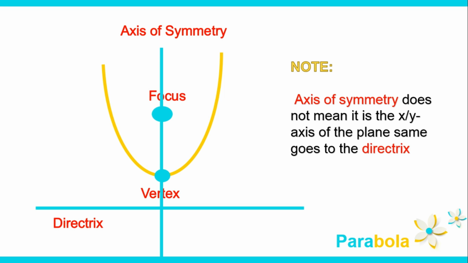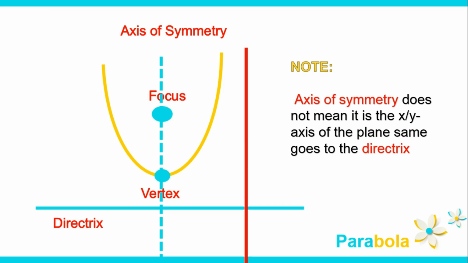So dili tanang panahon nga ang axis of symmetry o ang directrix kay mao jud ang x o y axis sa Cartesian plane. Because for example, if the red line is the y axis, ang axis of symmetry is just like an imaginative line. Basta mao na siya ang line nga mo passes through the focus and the vertex.